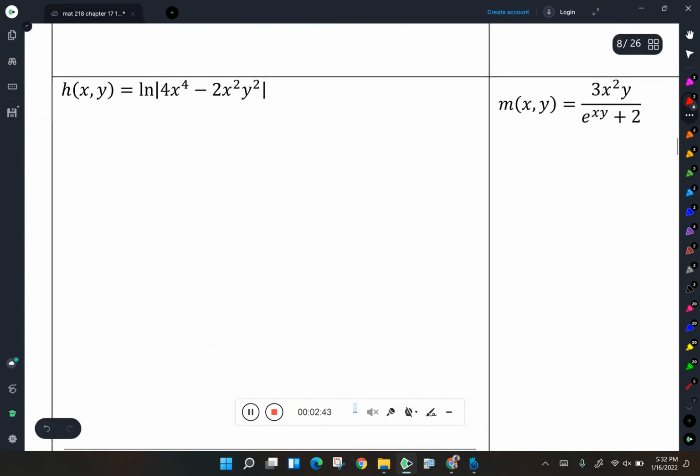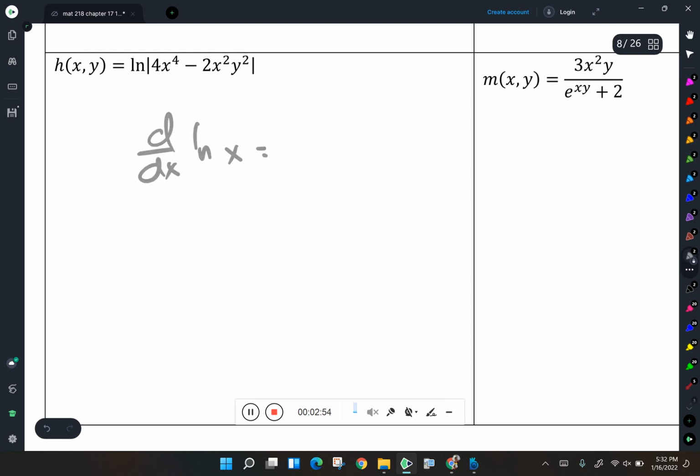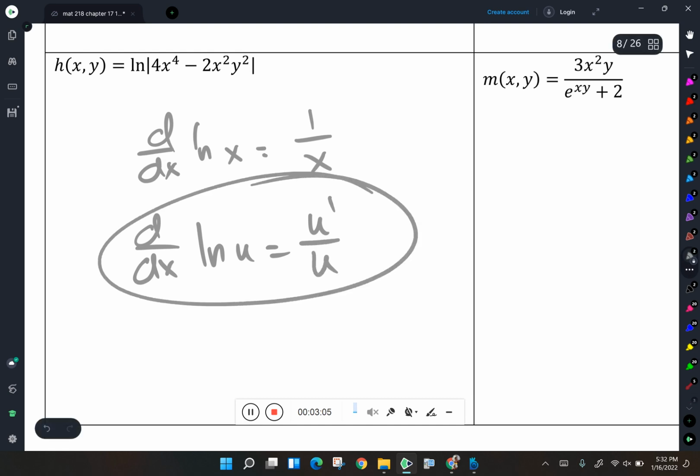All right, how about this one? That's a mess, but I remember the rules. The derivative with respect to x of the natural log of x was just equal to 1 over x, and the derivative with respect to x of the natural log of u was u prime over u. And so this is what we'll be working with.